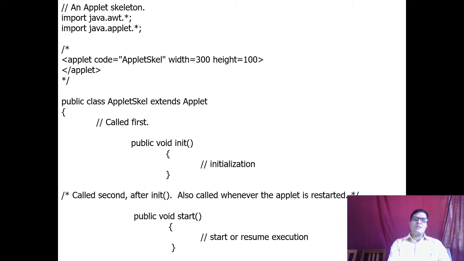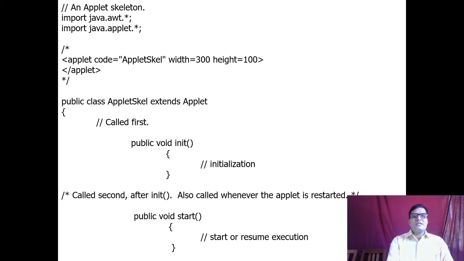These are the compulsory packages we must use. Next we have to write the code. Please make a note, even if it is in a comment line, you have to write this comment code as it is. If you do not write it, the applet is not initialized or will not display in your browser. Okay. Got it.